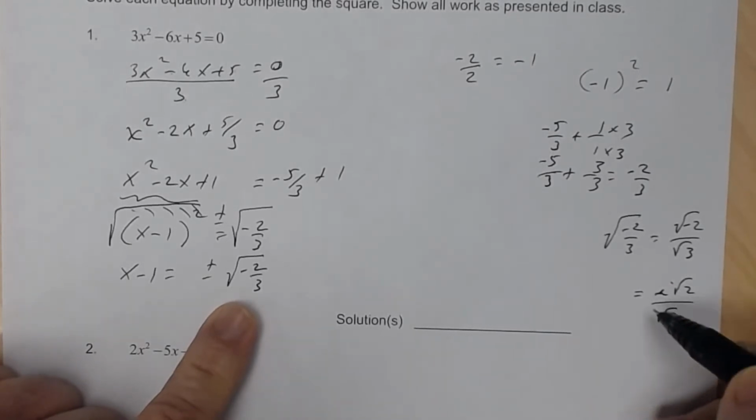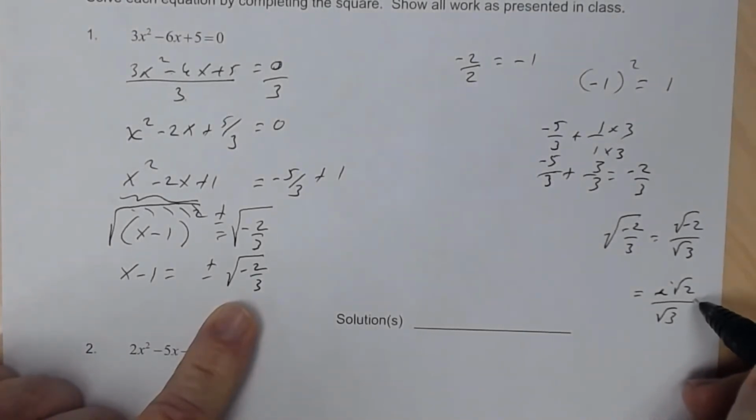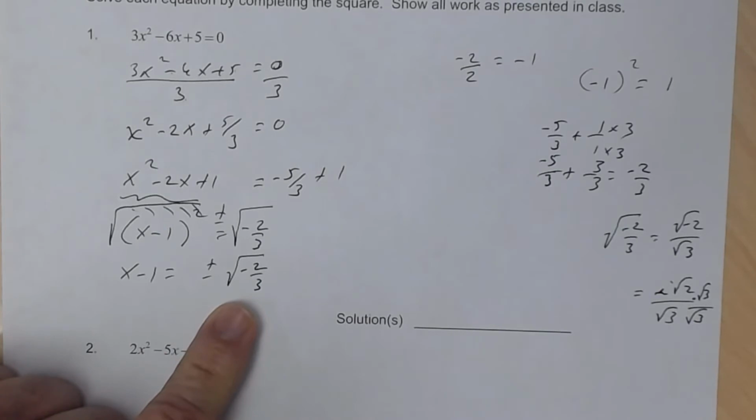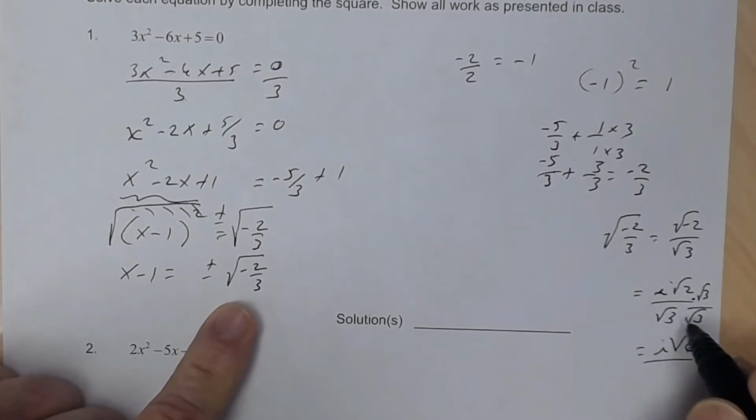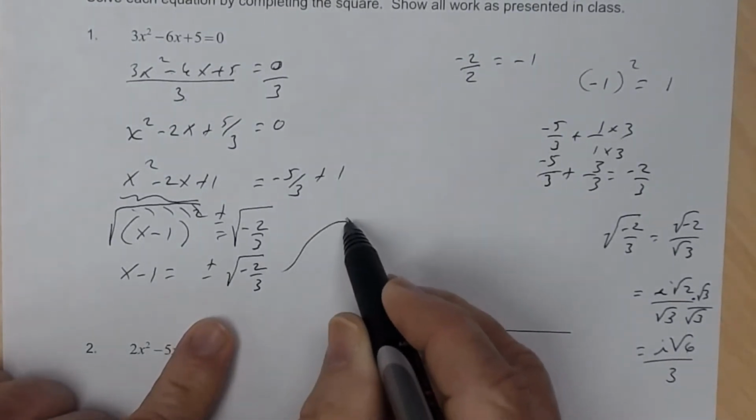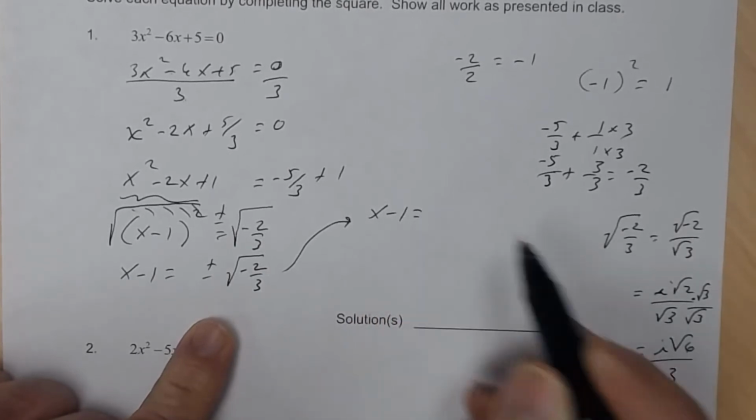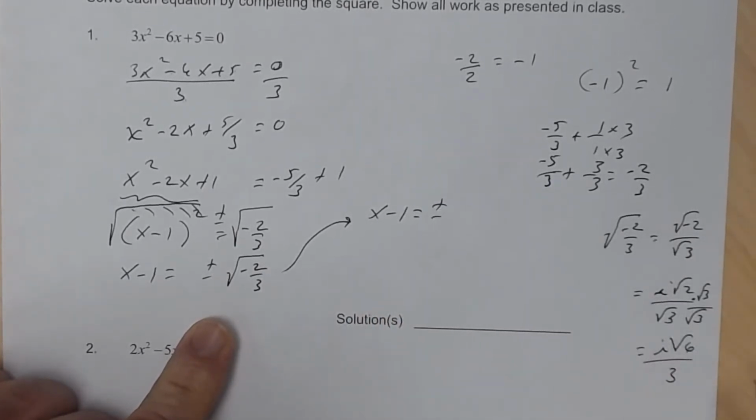Then we want to rationalize that denominator, so I'm going to multiply both numerator and denominator by the square root of 3. This becomes i square root of 6 divided by the square root of 3 times square root of 3, which is 3. And so this becomes x minus 1 equals plus or minus i square root of 6 divided by 3.